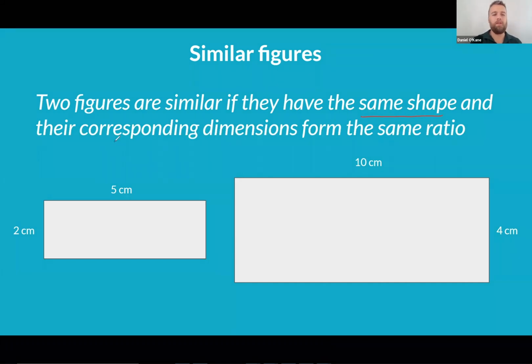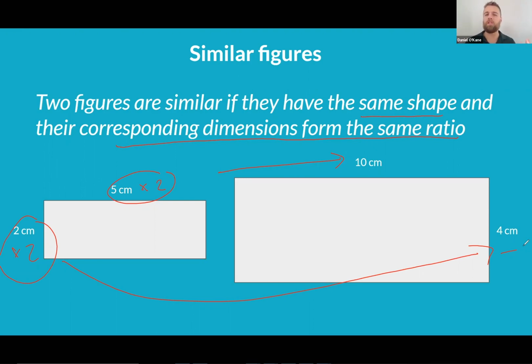Now their corresponding dimensions form the same ratio. In other words, 5 times 2 gives 10, and then 2 times 2 gives 4. Because the length and width of the first rectangle are both doubled, you get this similar rectangle.